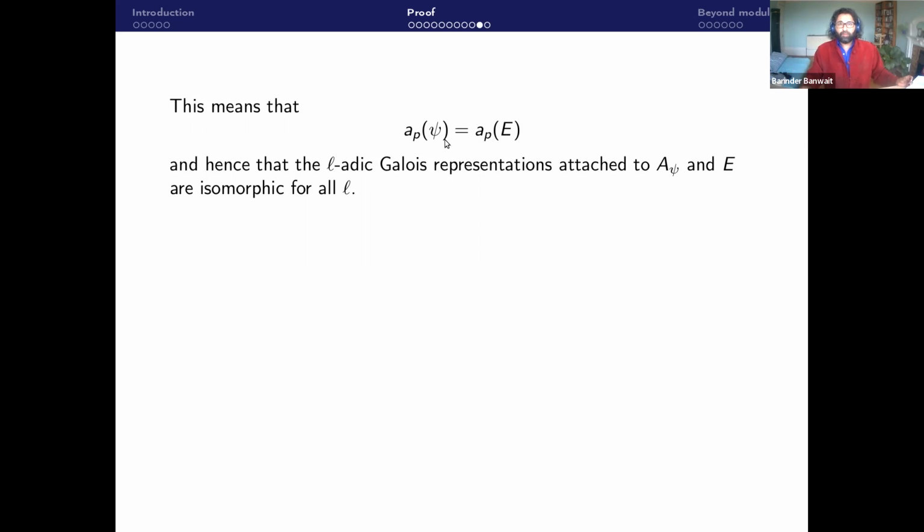So once one has equality between the a_p values for almost all p, one then has that the l-adic Galois representations associated to psi on the left here and E on the right are isomorphic for all l.